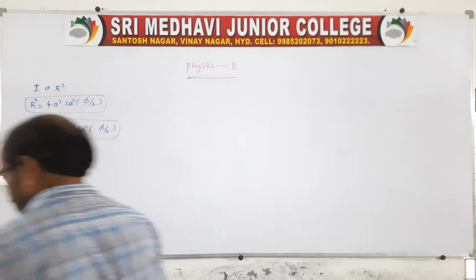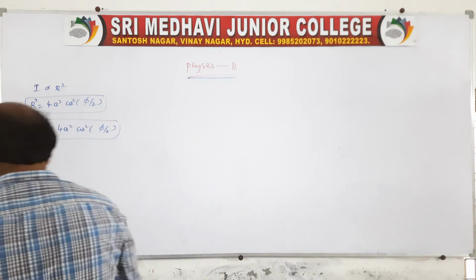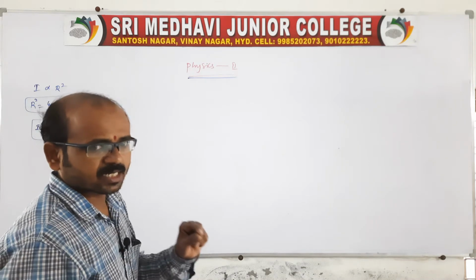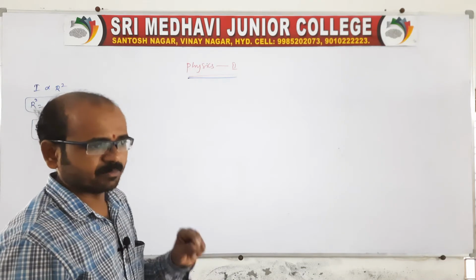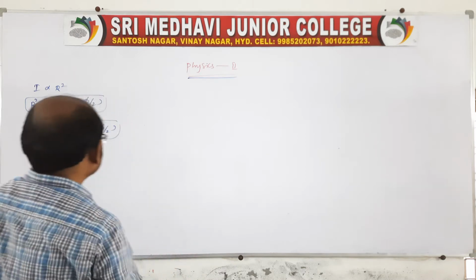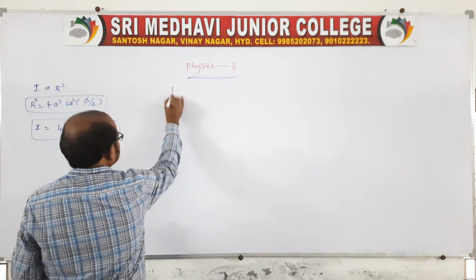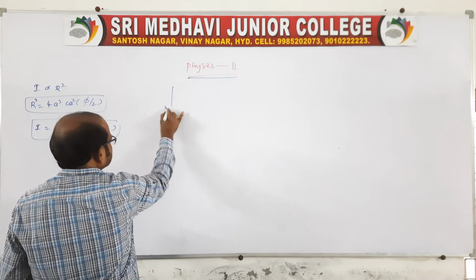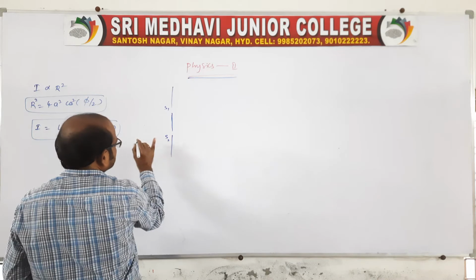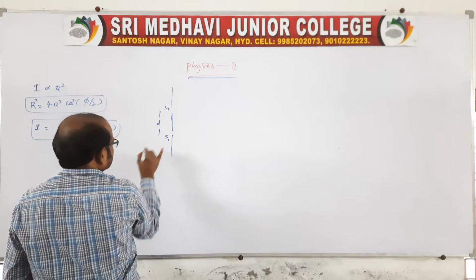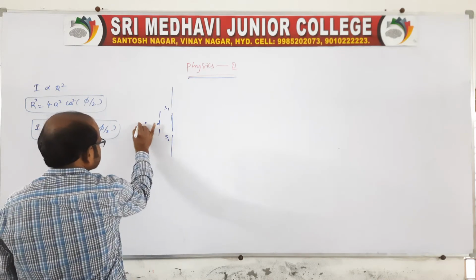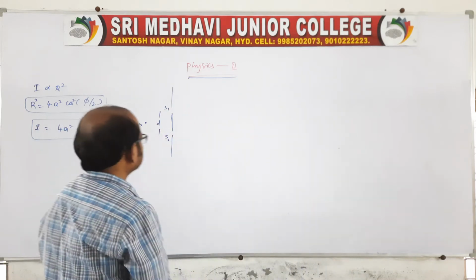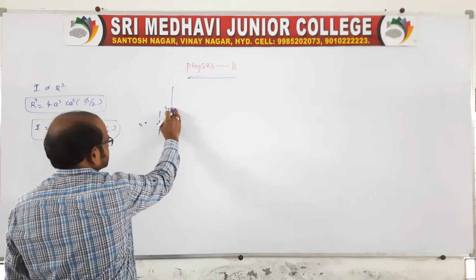I'll draw the diagram again related to the condition for dark and bright, or we can say dark is nothing but minima, bright is nothing but maxima. Look here, you take two slits, S1 and S2, and the distance between the two slits is d, and there is a source S. Of course, the point source always emits spherical waves, which spread towards the slits.